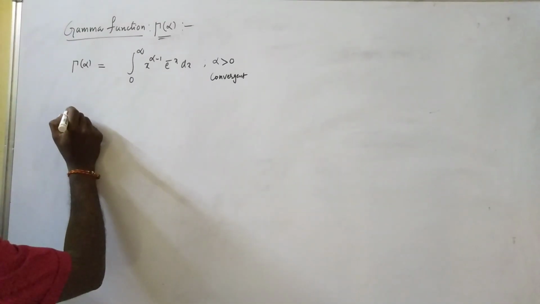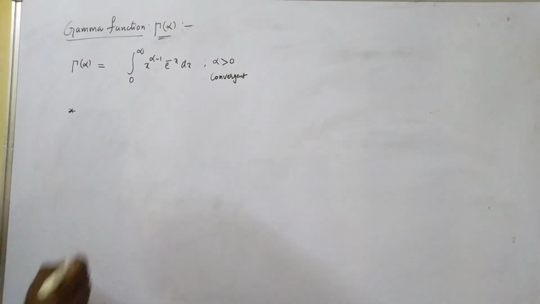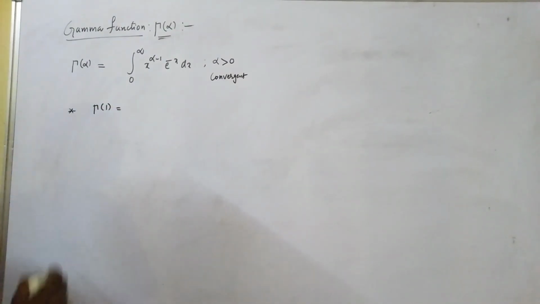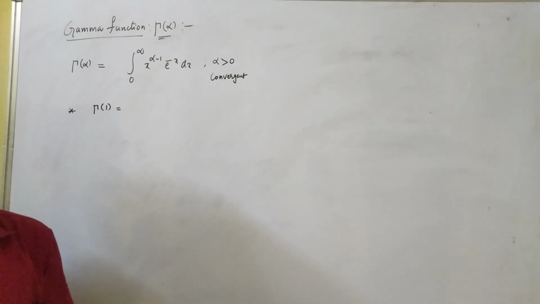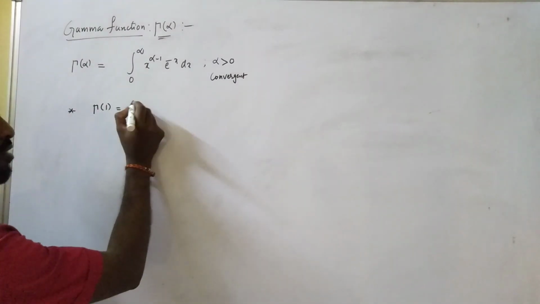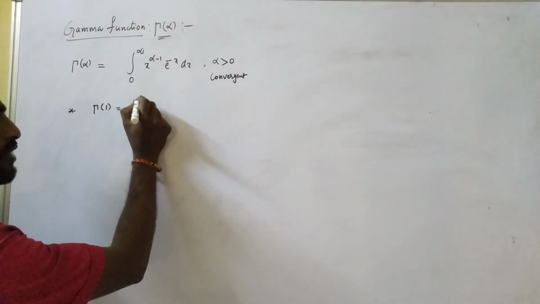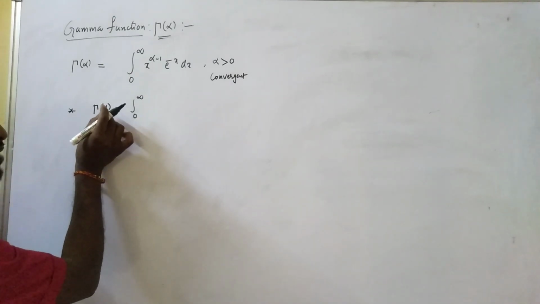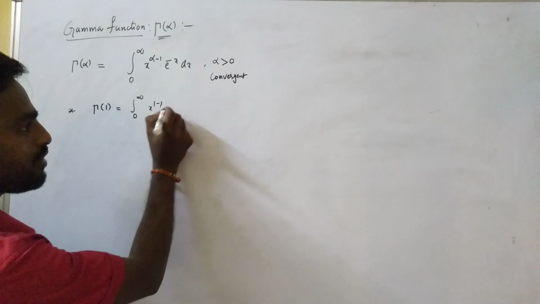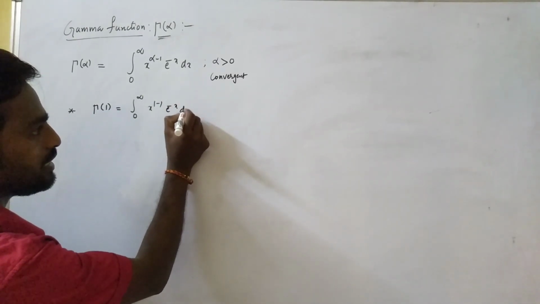Some properties of gamma function: gamma of 1, gamma of 1 by 2. First one is gamma of 1. Gamma of 1 means integral 0 to infinity, just substituting alpha equal to 1: x to the power of 1 minus 1 e power minus x dx.